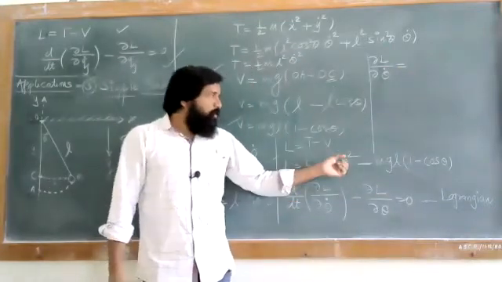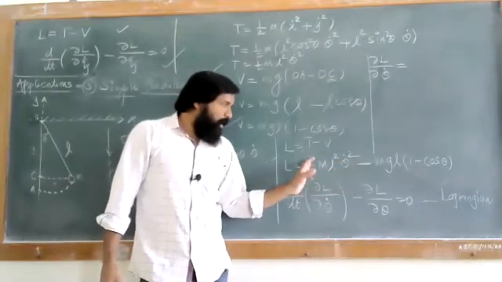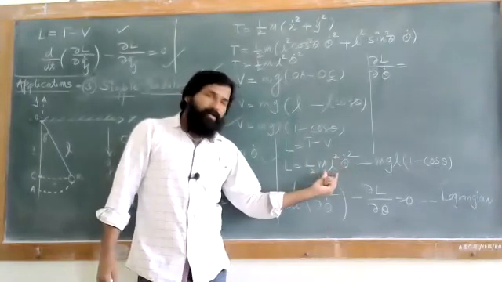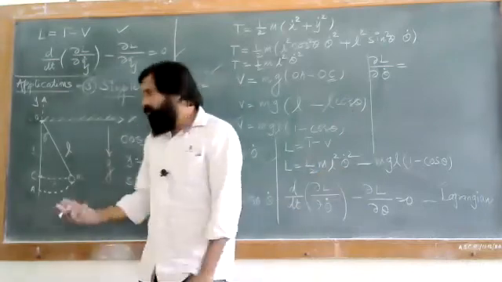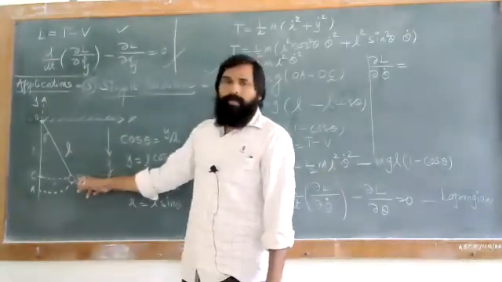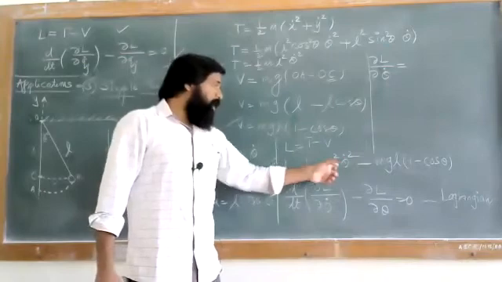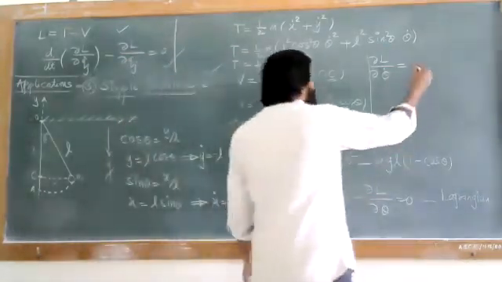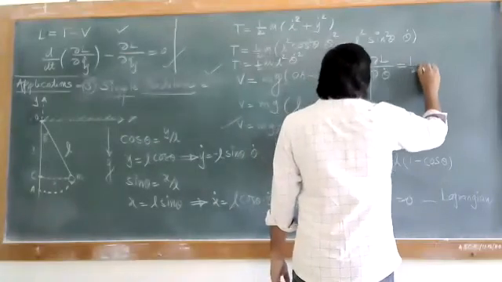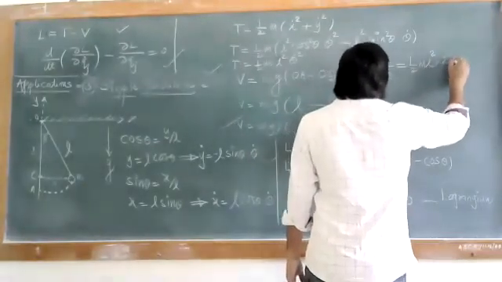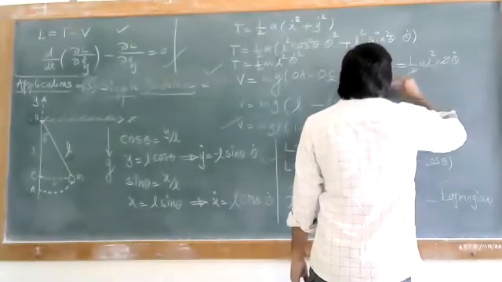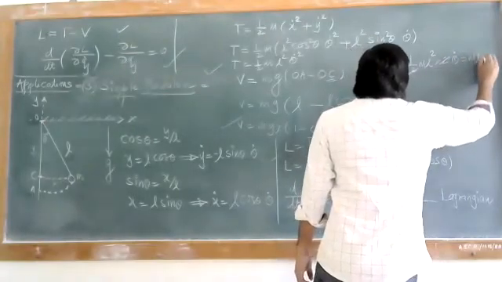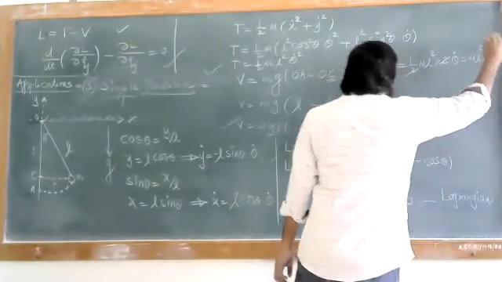Okay, so differentiating with respect to theta dot, so 1/2 m L squared. Okay, m is constant, L is also constant, that is the length of your pendulum. So m L squared into 1/2 into the derivative of theta dot squared. So I can write this as 1/2 m L squared into twice theta dot. So this is m L squared theta dot, first thing.